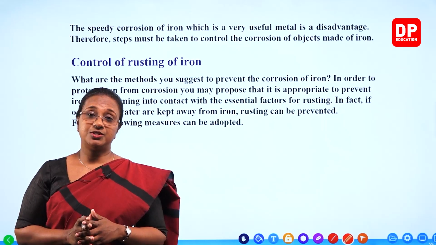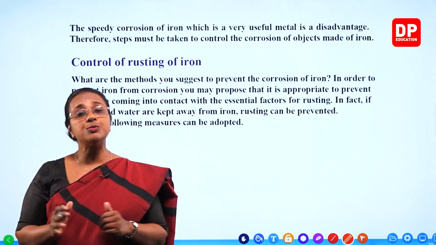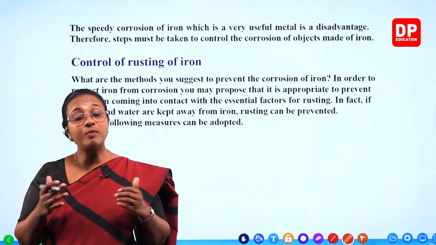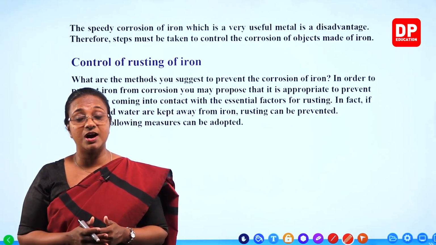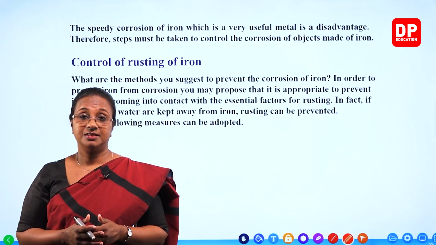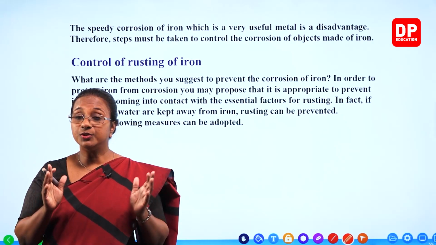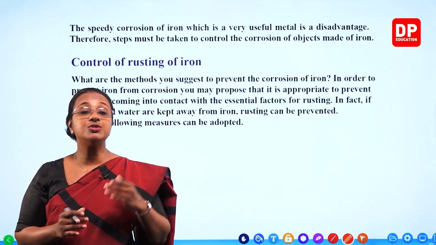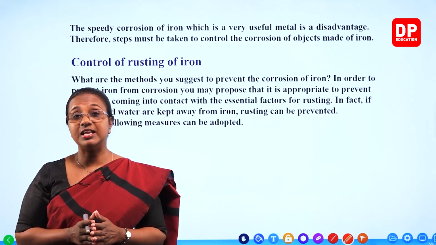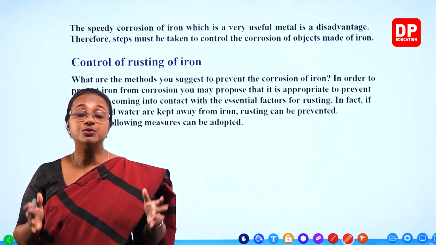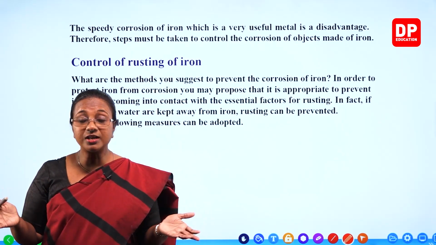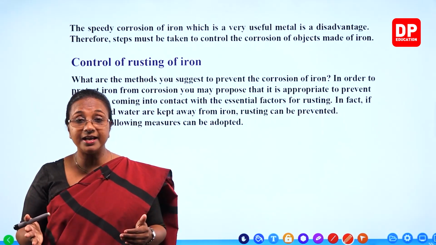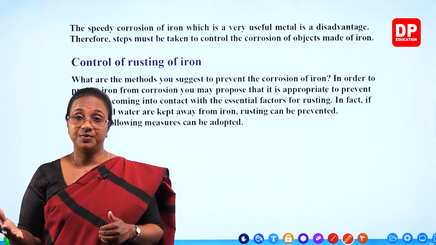Now answer this question. Why do you need to prevent rusting? Or why is rusting a disadvantage to us? Because you all know that iron is one of the most highly used metals in our day-to-day life. We use a lot of objects or structures that are made of either iron or steel.